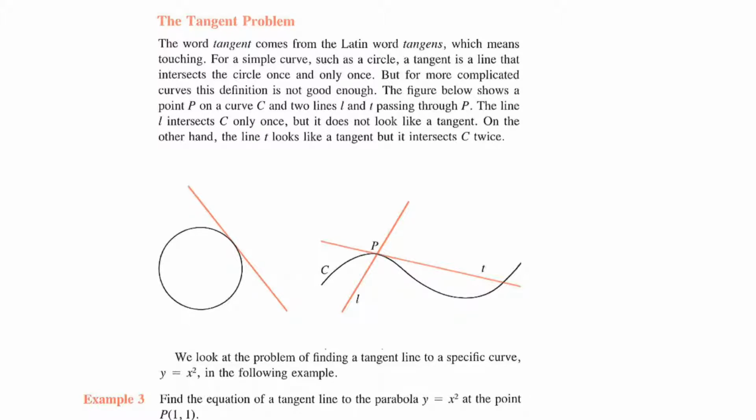There is an important problem in calculus, the tangent problem. For simple graphs, like a circle, the tangent means the line that is touching the curve at one point. For slightly more complicated graphs, we have to define the word tangent.